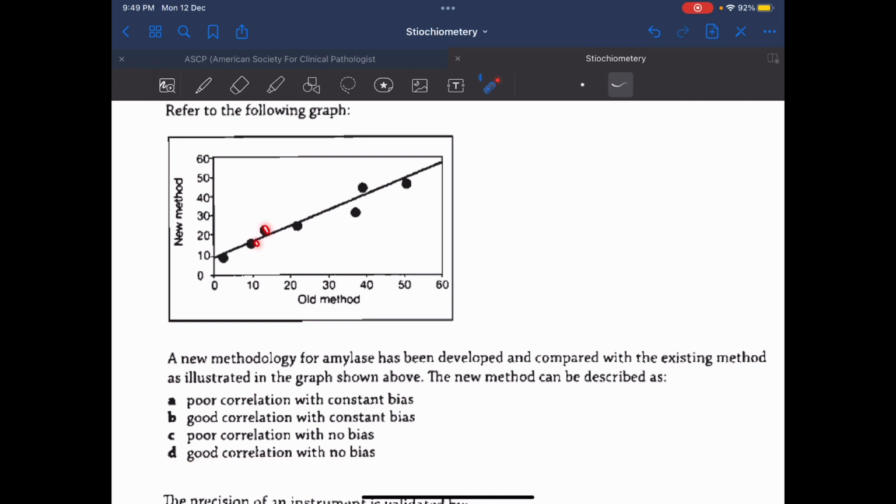There is a good correlation since all the points are around the line, and there is constant bias up and down. So the correct answer is B.